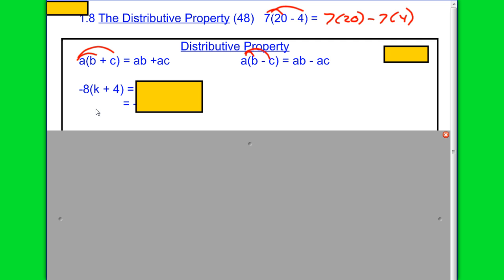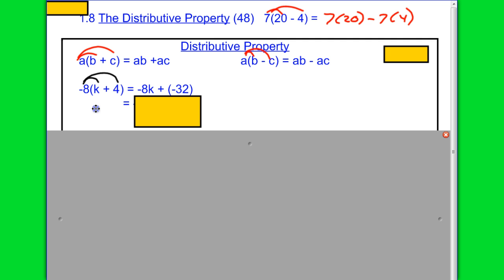This would be -8 times k, and then -8 times what? 4. So you could expand that. Last year we called that -32. -8 times 4 is -32.